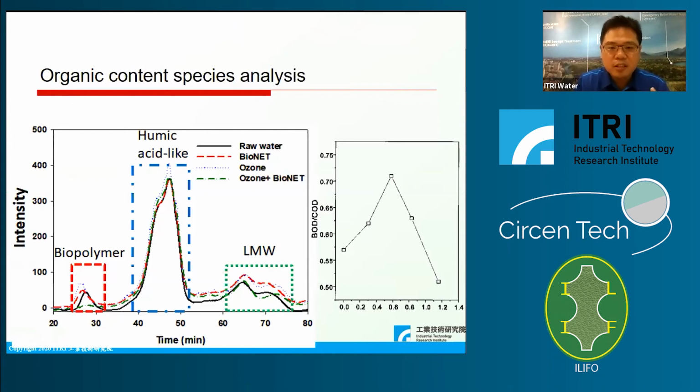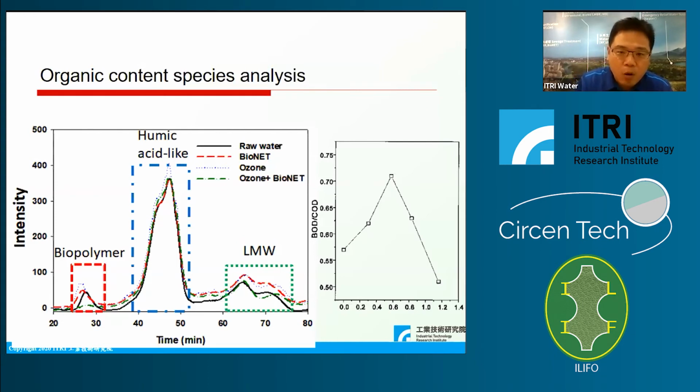After simple biological treatment, the biopolymers remain because the biological system cannot decompose them. With ozone alone, nothing much happens because the ozone dosage is low; it can just change the species inside the macromolecules into small molecules, but will not change the COD values.